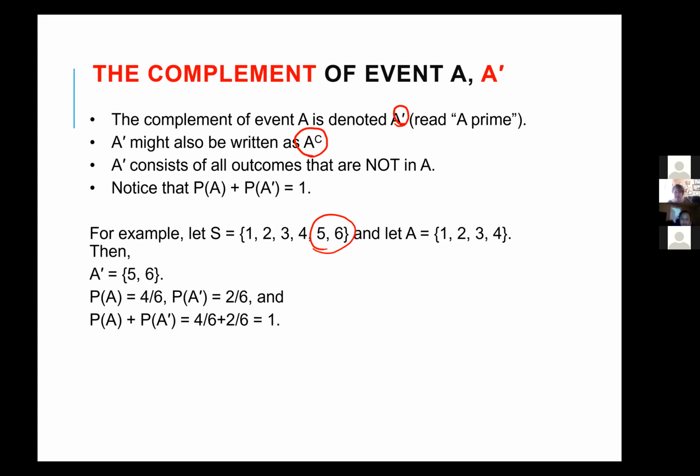So that would be 2 out of 6. So 4/6 and 2/6, if you add those together, you get 6 over 6, which is 1. So the probability of an event A occurring plus the probability of the complement of A occurring is always equal to 1. And the complement of an event are the items in the sample space that are not in my event.